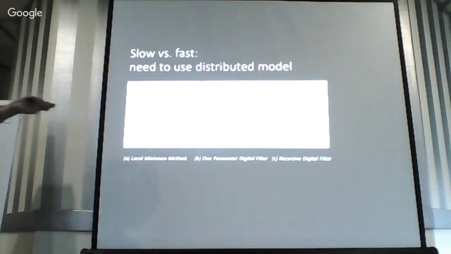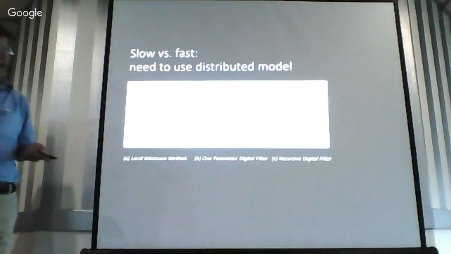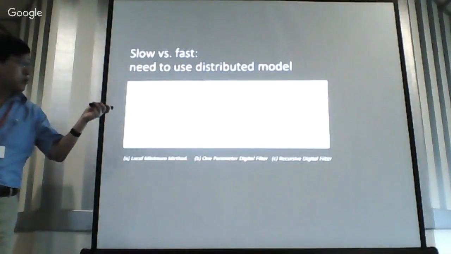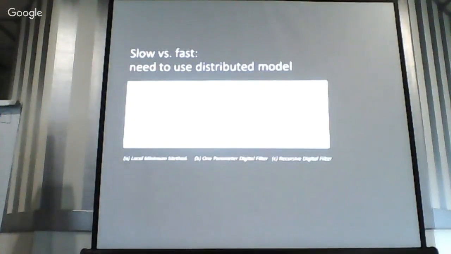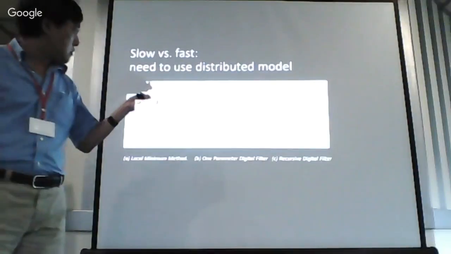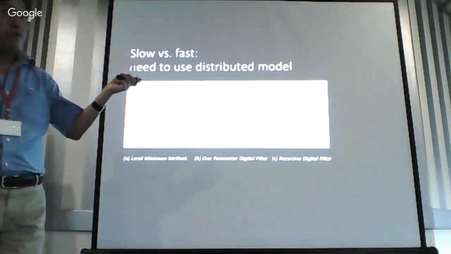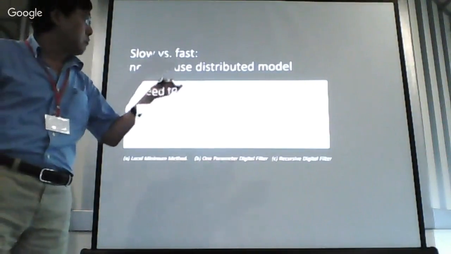For example, in this case, the measured discharge is separated as mostly direct runoff, with a constant base flow, the slow runoff, which is obviously not correct in this situation. Then we have other methods giving very different results. In this case, most of the flow is separated as base flow, the slow runoff. And here is in the middle.